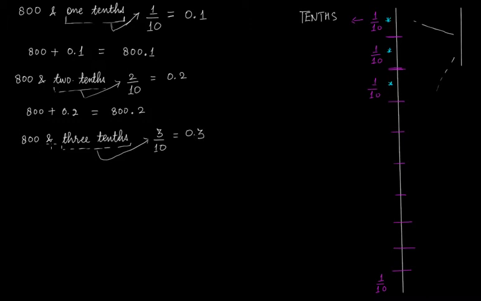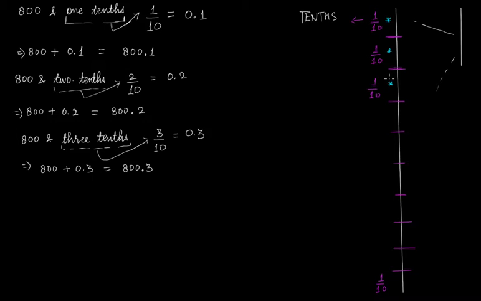Now if you are having 800 and 3/10, that means it will be 800 plus 0.3, and this will be 800.3. If you add these two, you will get this number.